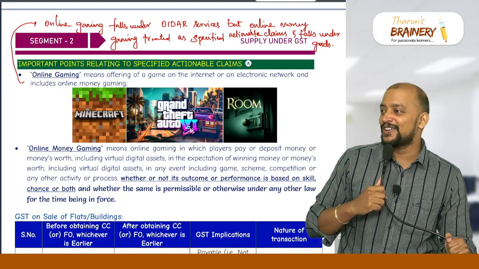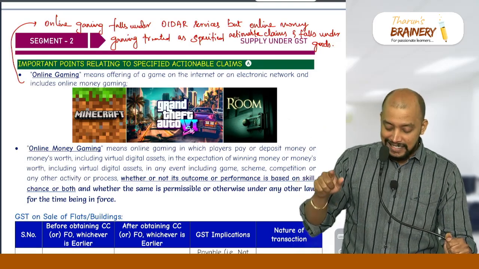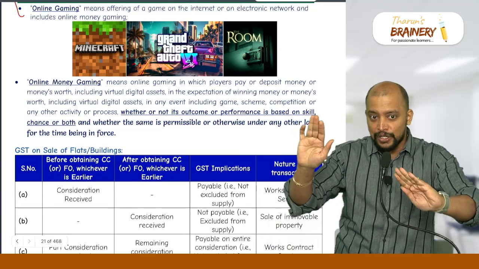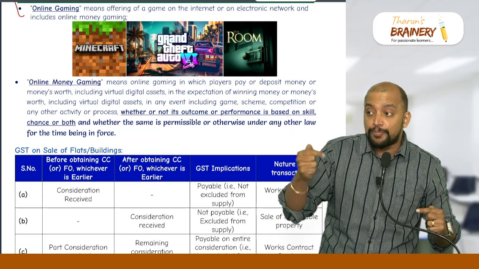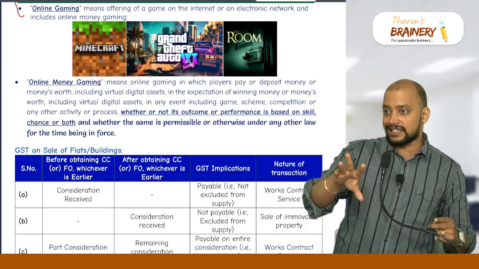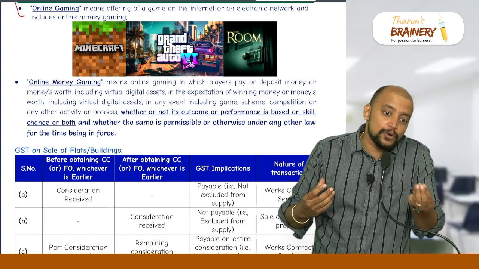Okay, so this online money gaming, see the wording. Online money gaming is also online gaming, in which the player pays or deposits money or money's worth, including virtual digital assets, including crypto. Need not spend rupees.